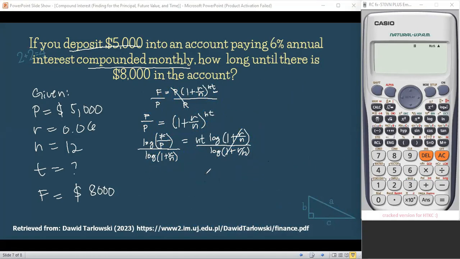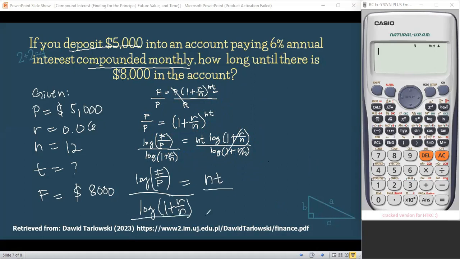So NT is equal to the logarithm of F over P all over the logarithm of 1 plus R over N. However, my dear students, di ba meron pa tayong N dito?